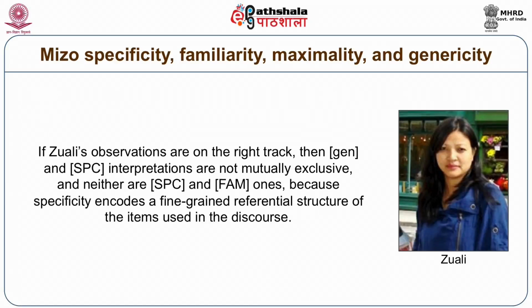If Zwali's observations are on the right track, then generic and specific interpretations are not mutually exclusive, and neither are specific and familiar ones, because specificity encodes a fine-grained referential structure of the items used in the discourse.